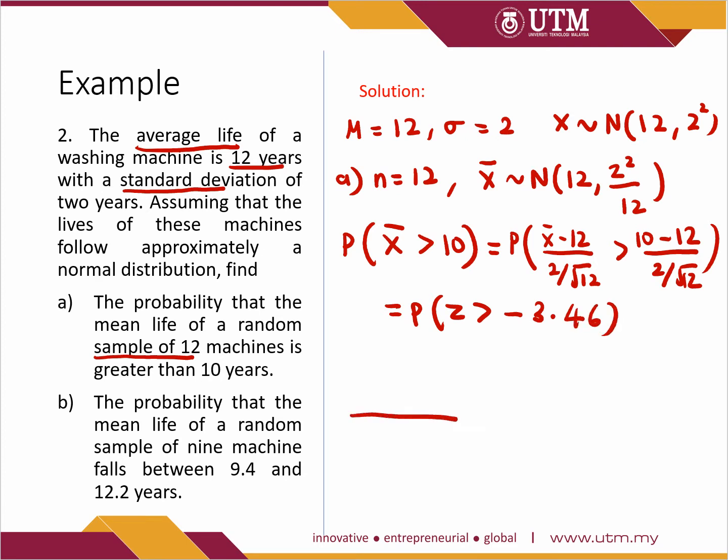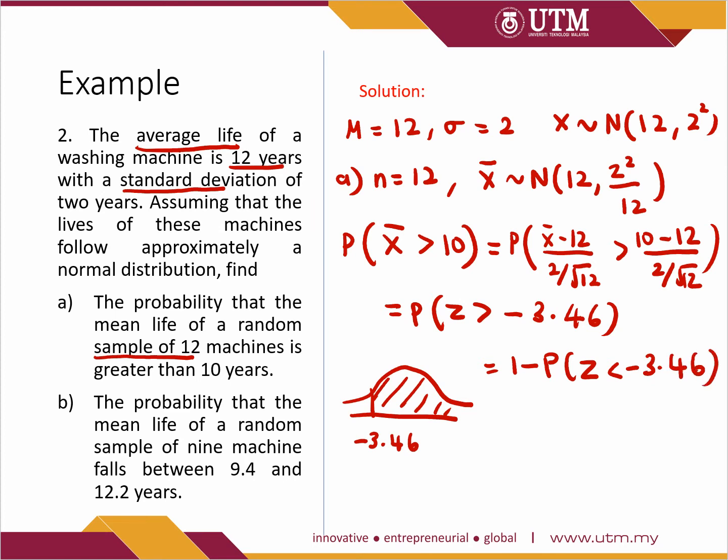So using the table, we have to find the area greater than negative 3.46, meaning that you have to find 1 minus the probability of z less than negative 3.46, which is equal to 1 minus 0.0003, which is 0.9997.